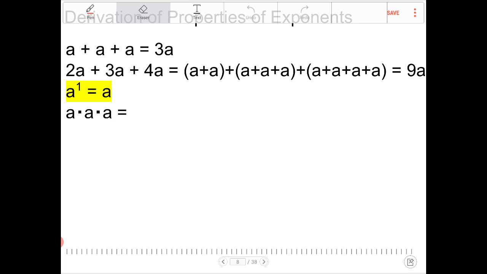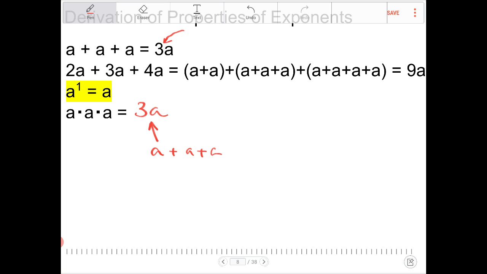So if I wanted to figure out a times a times a, what would that be? Well, the notation with the 3 out in front is already taken. The shorthand would not be 3a, because that would tell the reader that you're adding, and this is interpreted as a plus a plus a.